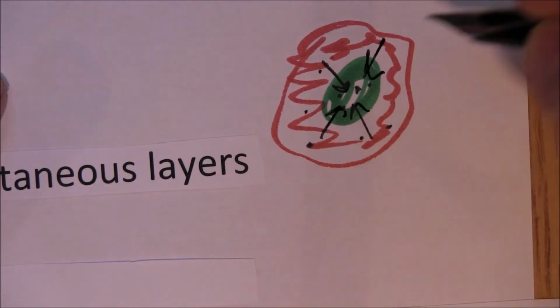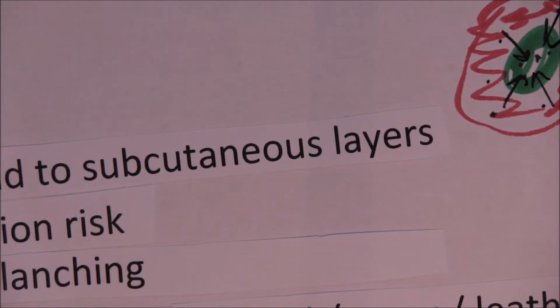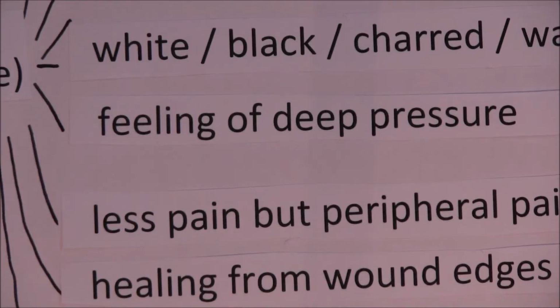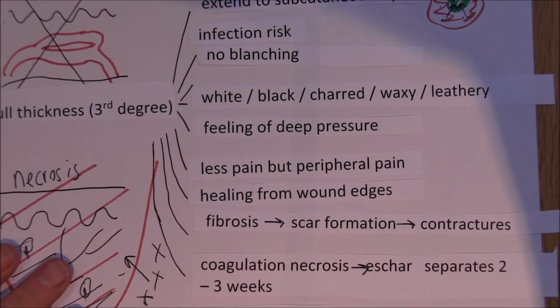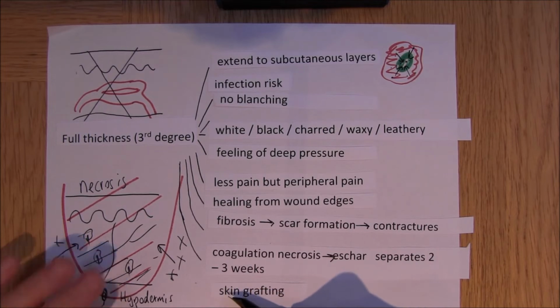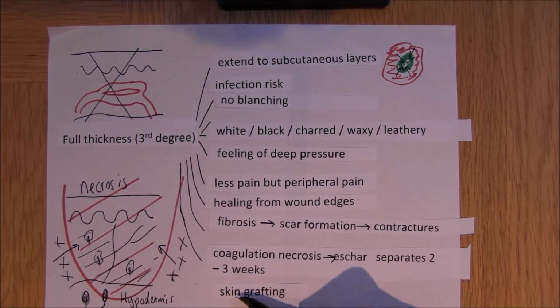But if larger areas are lost, then skin grafting is the only option really. If we don't want completely fibrosed, non-functional, poor cosmetic results, we will need skin grafting at an appropriate surgical unit.